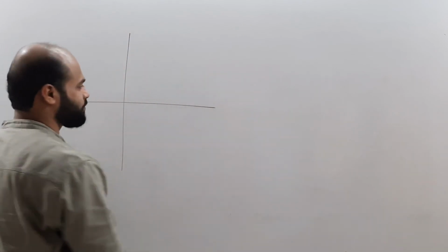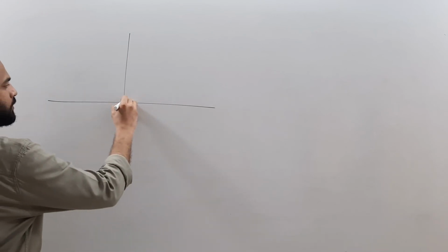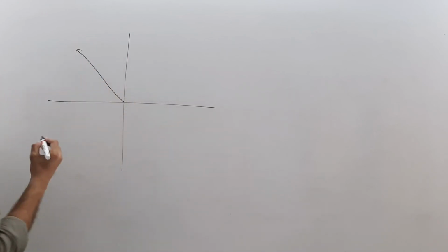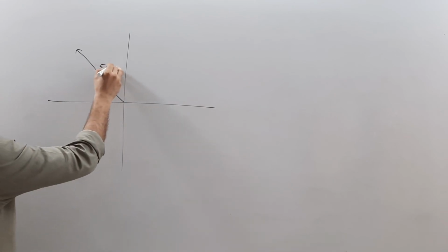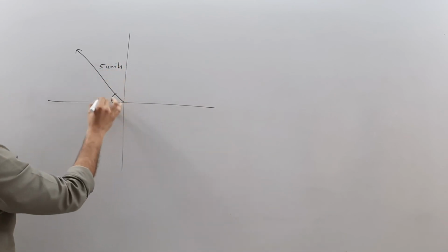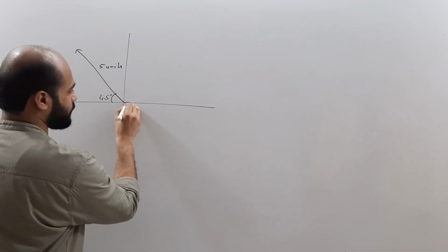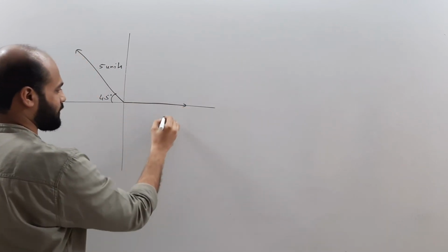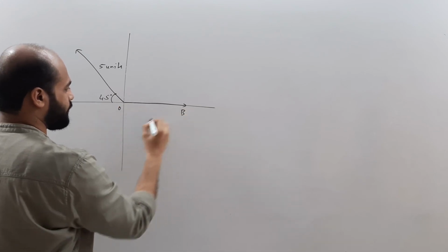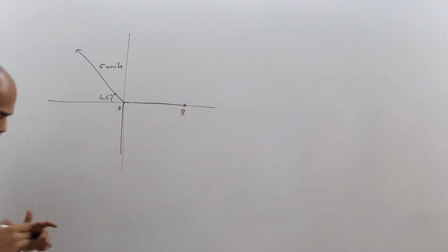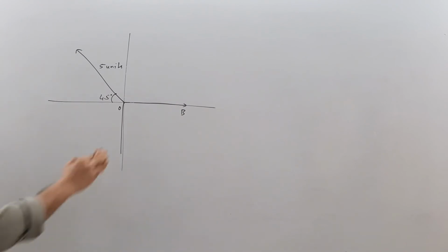Let's take the last problem for the day, and this will bring some clarity with respect to resolution of vectors. So this is one vector given to us whose magnitude is 5 units, and this is acting at an angle of 45 degrees. This is another vector along x-axis. Let's say this is OB, and this is another vector which is along y-axis.